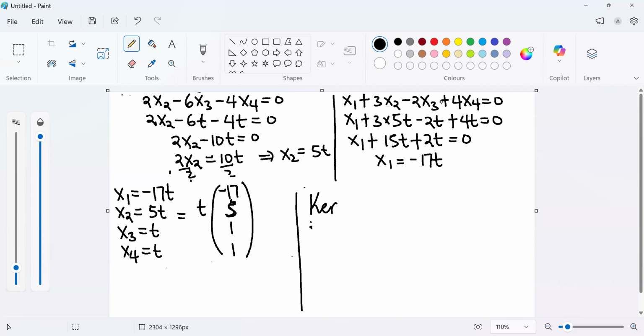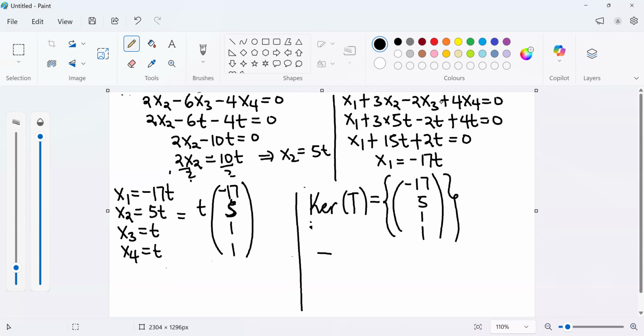Kernel of T is equal to -17, 5, 1, 1. And it is not 0.